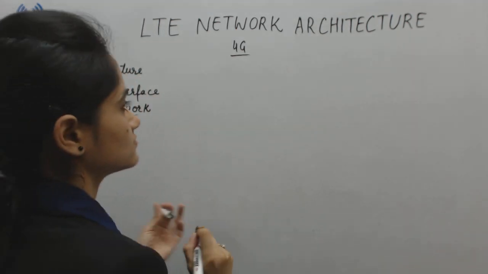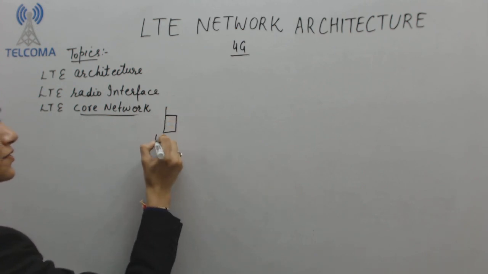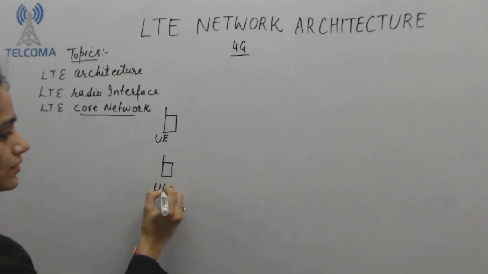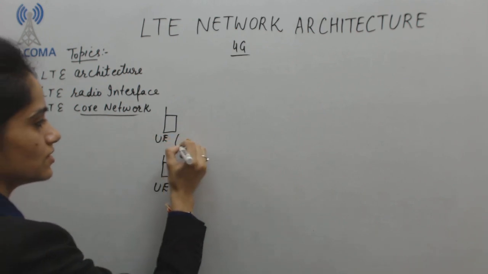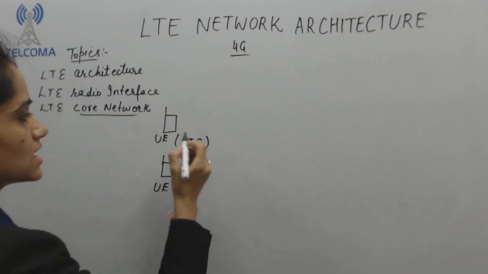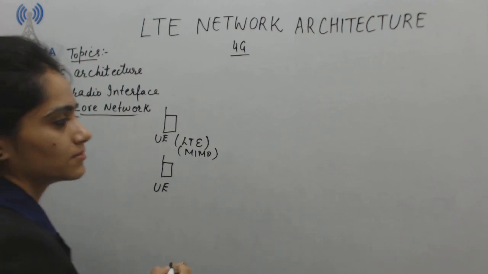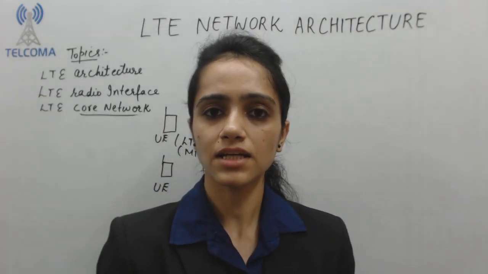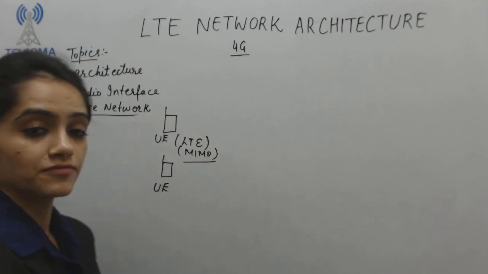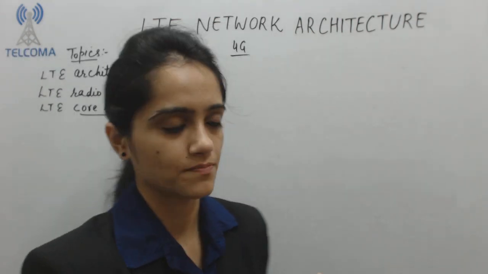Now, network architecture. So here I have the user equipment, UE. This UE is an LTE user equipment. That means it must support MIMO configurations, multiple input and multiple output, because 4G handsets work on MIMO configuration for faster internet reception as well as transmission.